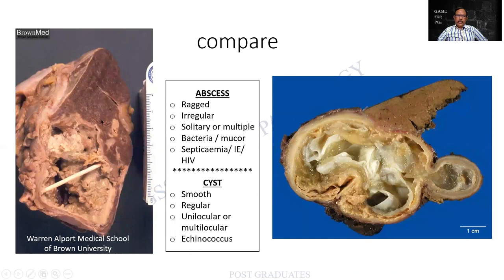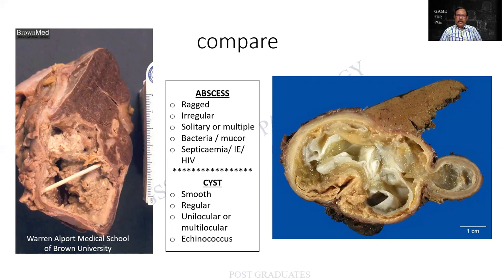This is what I had been mentioning. So this is also a lesion, but there is no intact epithelium over here, and it is obviously an abscess. A beautiful specimen from the Brown University. Inner wall is ragged, so it is a septicemic or a pyemic abscess. Not very common, but it can be found in Pseudomonas infections and also in cases of immunosuppression.